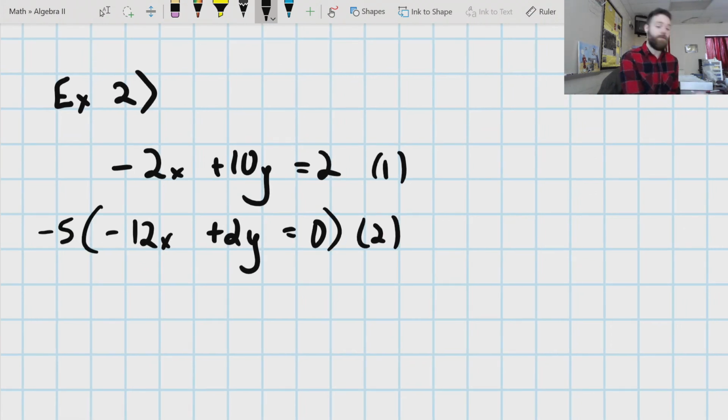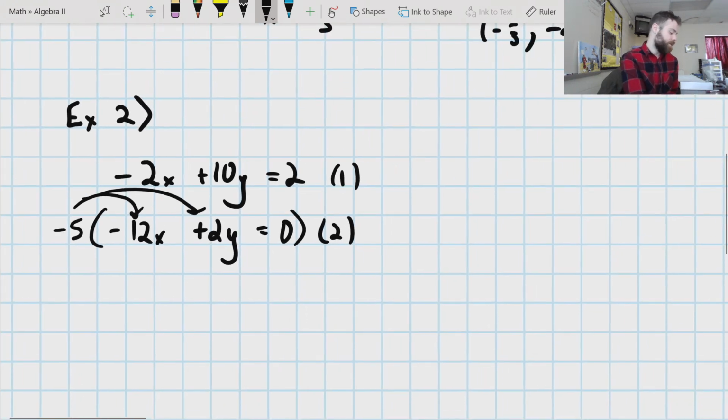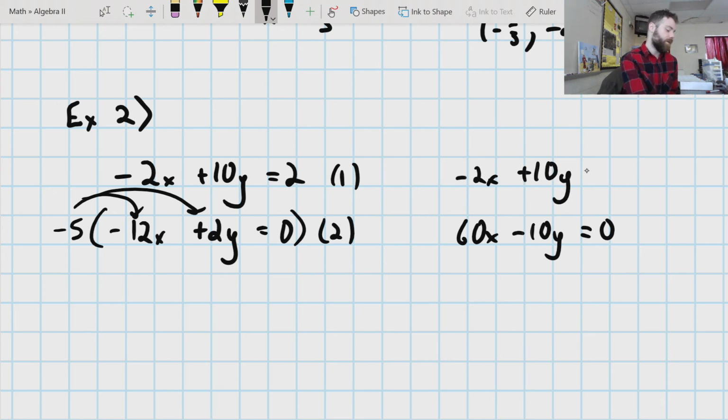And if you're still a little confused on that, what you should notice right about now is that when I multiply this negative 5 out, I'm going to get positive 60x and negative 10y equals 0. And then for the first equation, I've got negative 2x plus 10y equals 2.